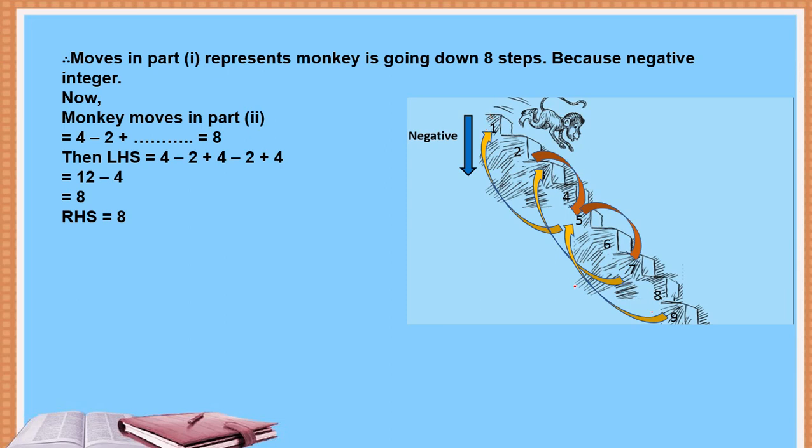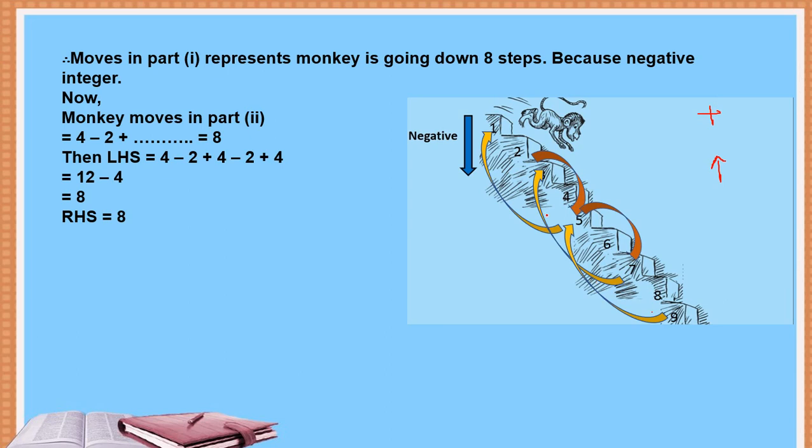So how many times is he taking the jump? 4, 3 times. And how many times does he take 2 steps? 2 times. But here it is given that we have to consider jumping towards the water level as negative, and jumping towards upside as positive.